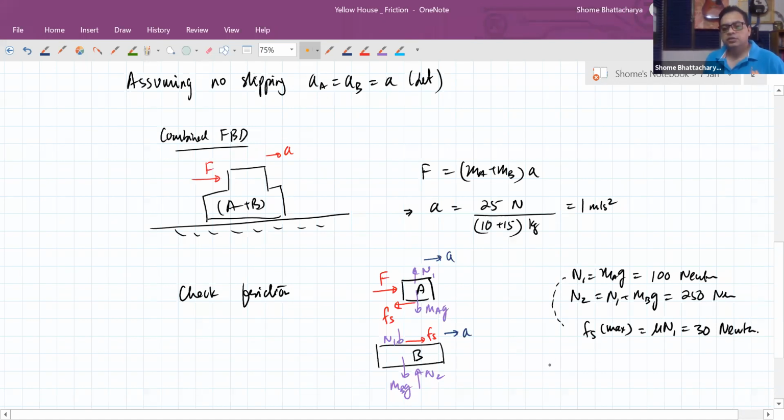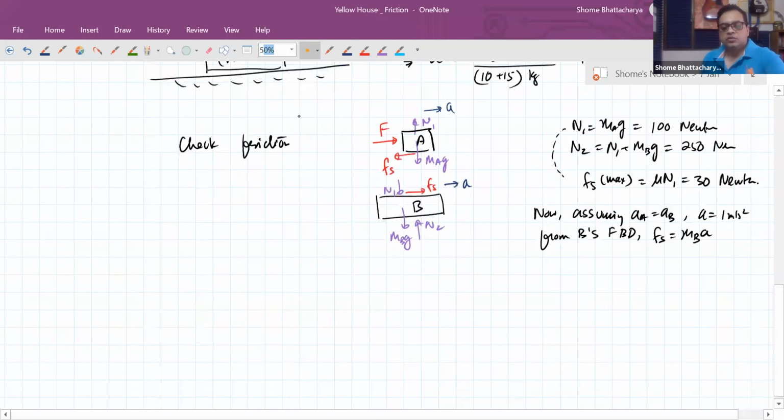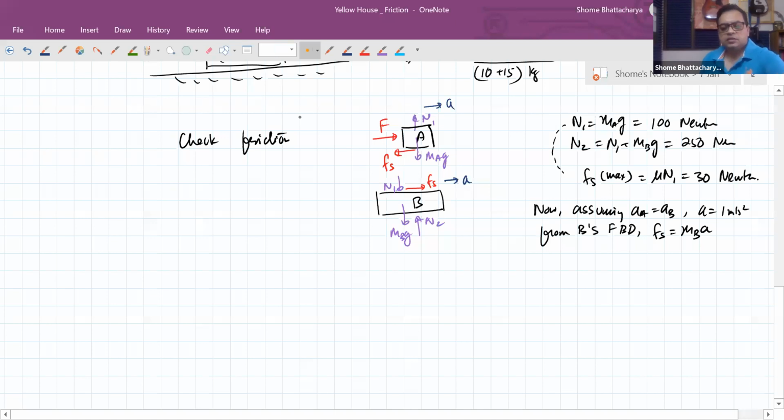Okay. Given this information, assuming acceleration of A is equal to acceleration of B, we got the common acceleration to be 1 meter per second square. From B's free body diagram, you can see this is the amount of friction that is required.